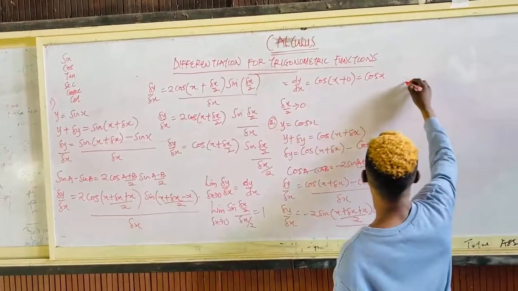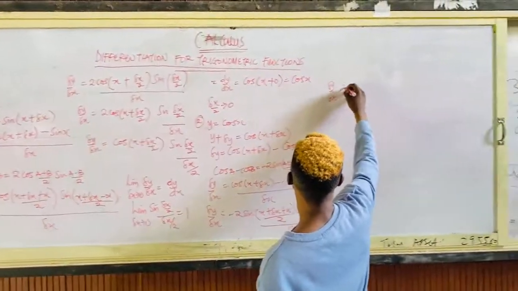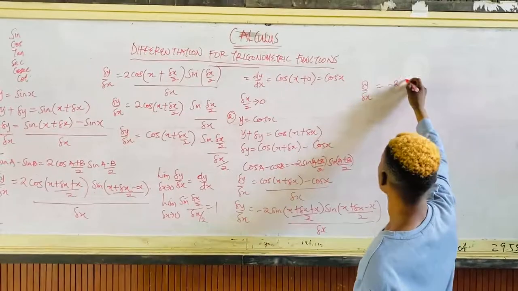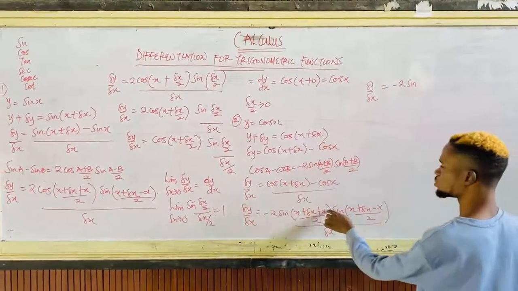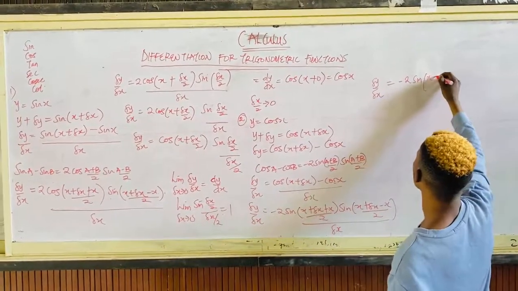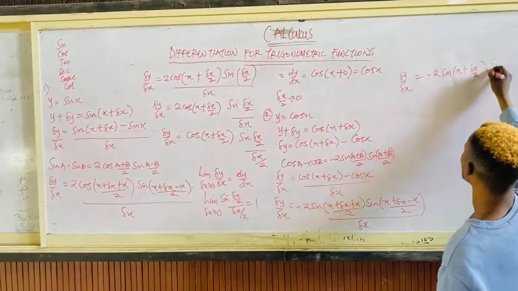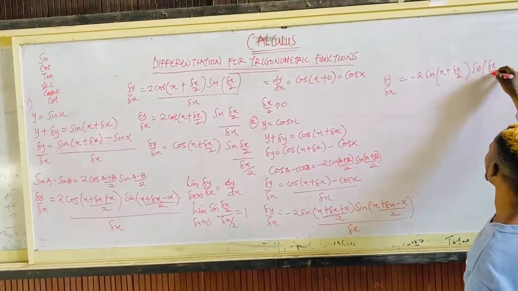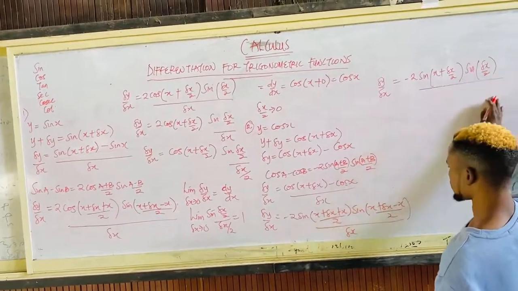So the rate of change is equal to minus 2 sine (x plus x, 2x all over 2 is x, then plus del x all over 2), sine (x minus x, del x all over 2), over del x.